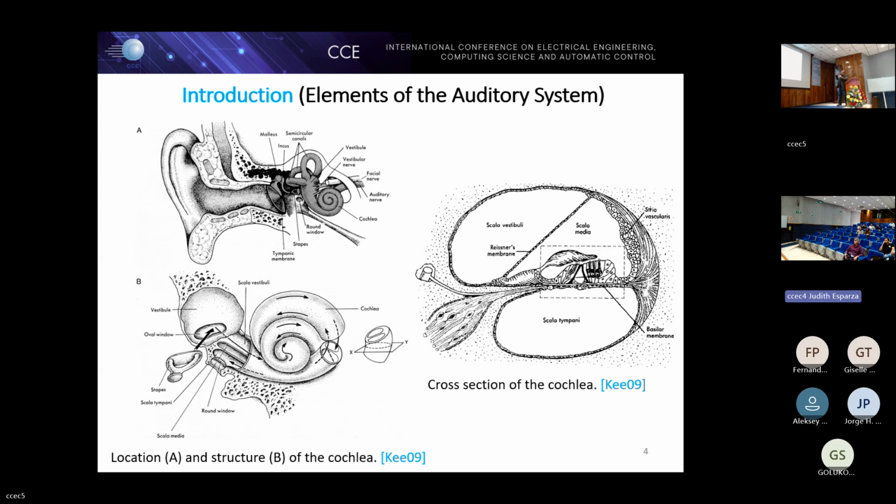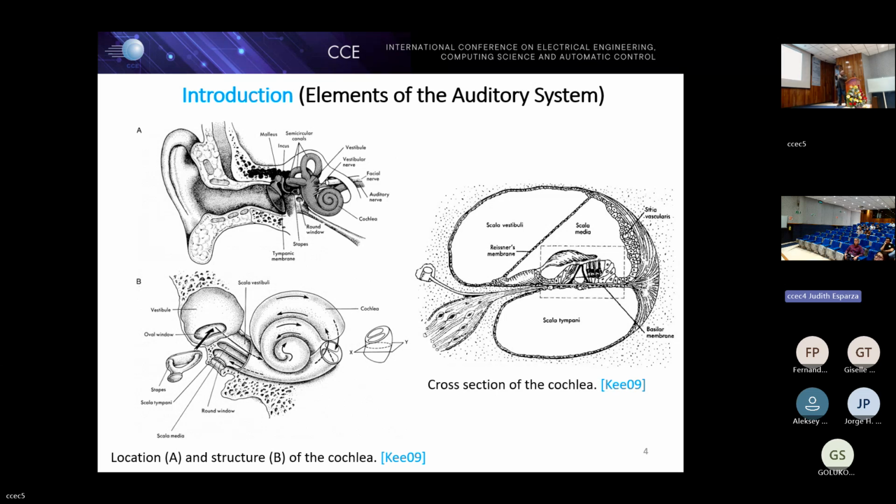The cochlea is here. This snail-shaped structure is the cochlea. The cochlea inside is divided into three sections: the scala vestibuli, the scala tympani, and the scala media. This is the stapes. The stapes is a bone that conducts the mechanical energy to the inside of the cochlea.